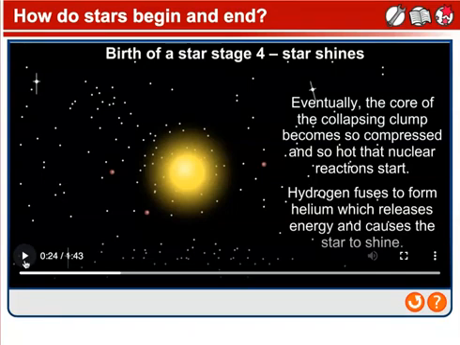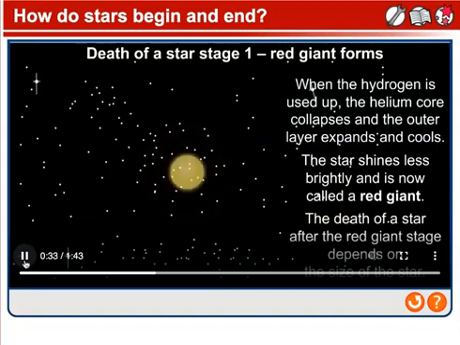Hydrogen fuses to form helium, which releases energy and causes the star to shine. When the hydrogen is used up, the helium core collapses and the outer layer expands and cools. The star shines less brightly and is now called a red giant.